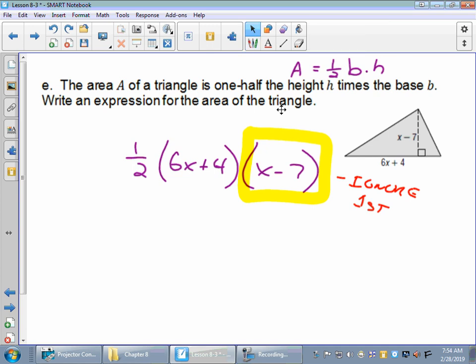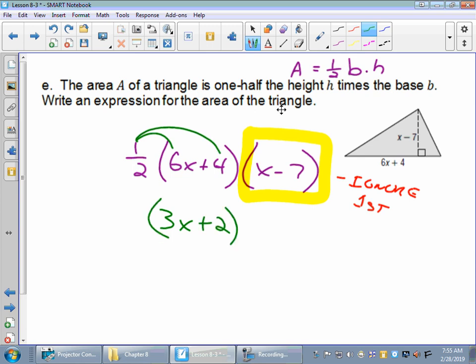Once you do that, then we can go back and deal with this x minus 7. So we just have to multiply the 1/2 by one set of parentheses. So when we do that, 1/2 by 6x, we're doing the distributive property, and we get 3x, and then 1/2 times 4 gives us a positive 2.